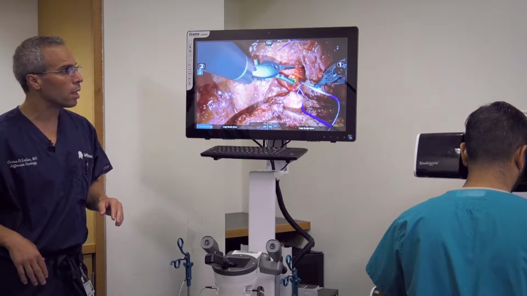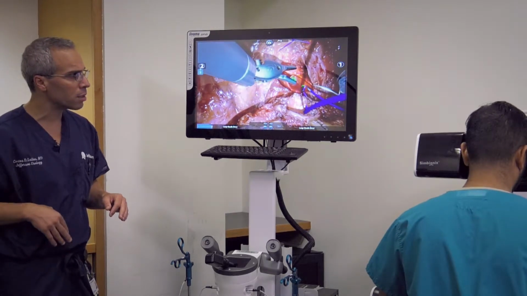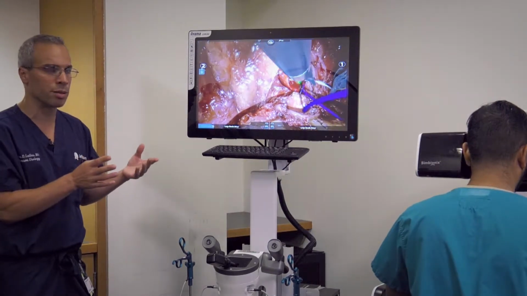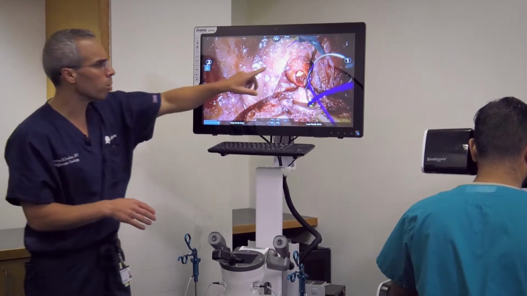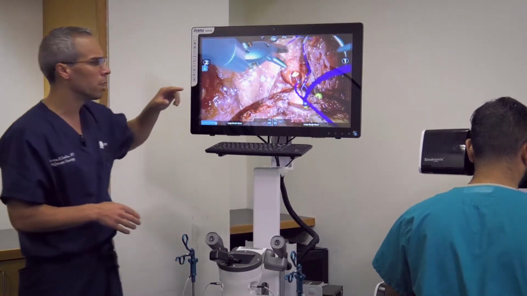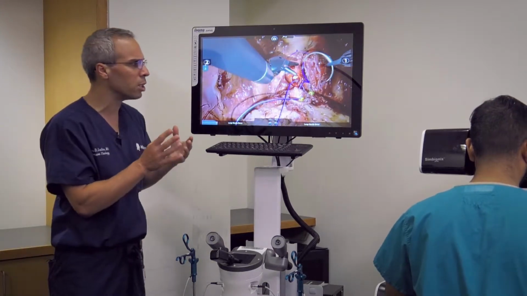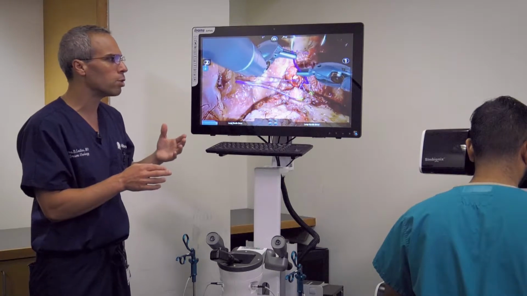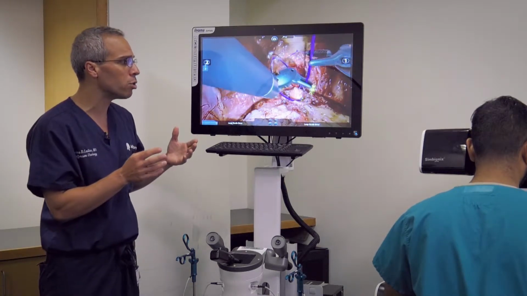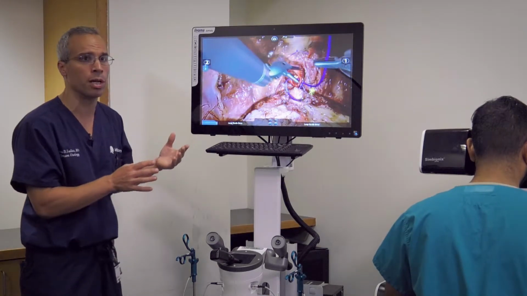One thing that you can't appreciate until you've been in there is just how delicate this tissue is. The urethra, which is this structure right here, is a very, very thin-tissued, very delicate area. So if you apply too much tension or too much traction, you're going to rip through that.